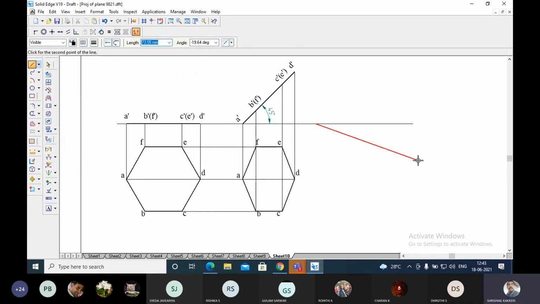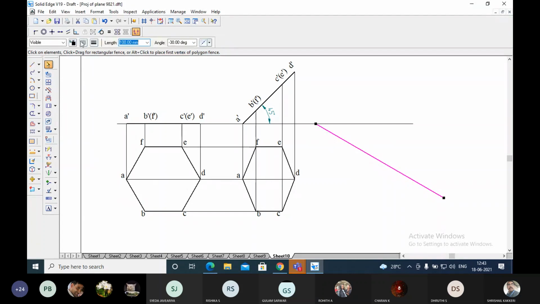Okay, now 30 degree, some distance you take, whatever distance you want, tap minus 30 degree. Okay, let me convert this into a normal line. Now, as usual procedure, take one point suitably and measure this length.